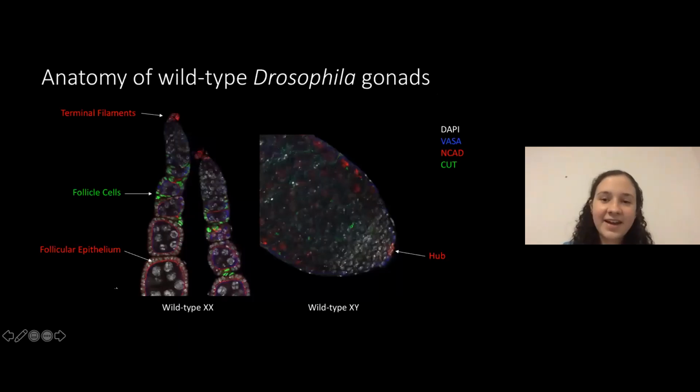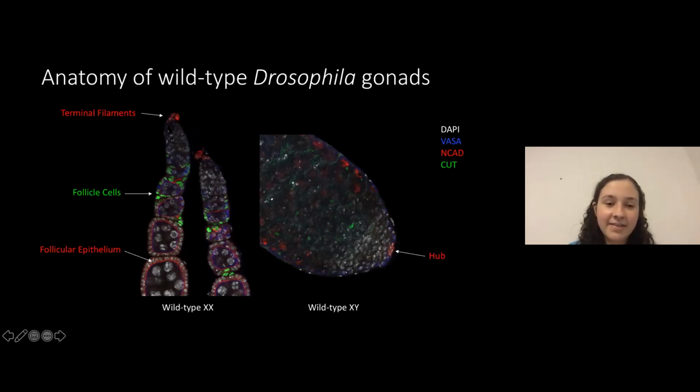So here's the anatomy of a wild-type Drosophila gonad for the male and female. You can see that for females, they look quite different from the males, and it starts with a stem cell niche. And in females, the stem cell niche looks like a stack of cells, and it's called terminal filaments.